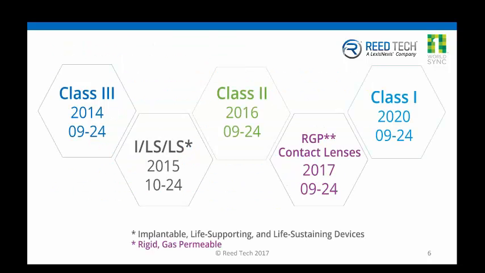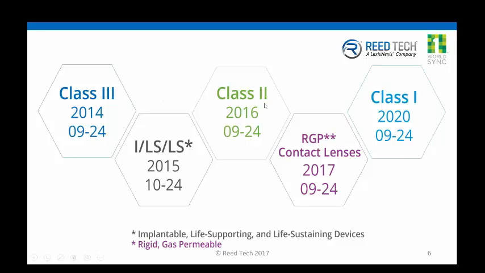So with that extension, just to look at the updated timelines, again, Class 3s we have complete, and we should be in a steady state mode right now, just operating as business requires updates to records. The implantable life-sustaining, life-supporting devices are in that same boat.